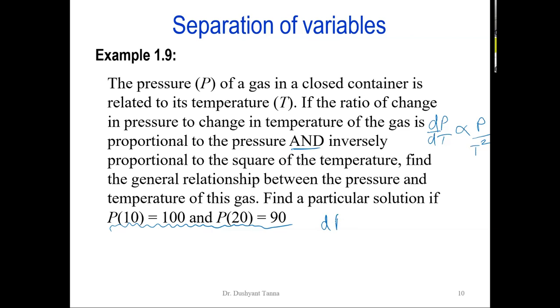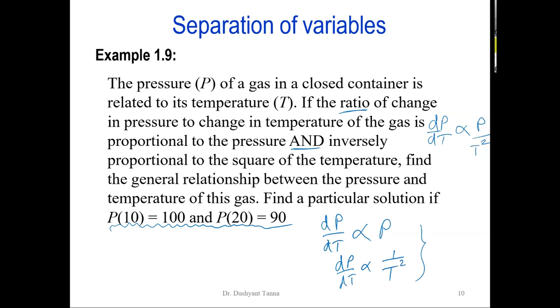I could say that dP over dT, change in pressure over change in temperature, because it says ratio, varies to or is proportionate to the pressure. And this one is also inversely proportionate to the square of the temperature.